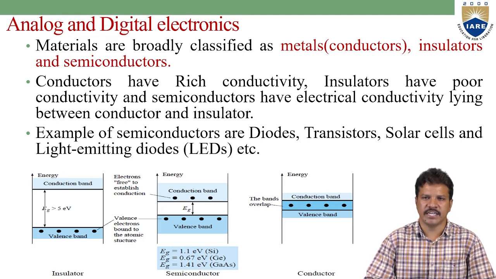Initially all energy levels are in the valency band. Whenever the electrons in the atoms are excited, they gain energy to move from the valency band to the conduction band. Based on this energy band diagram, we can distinguish between insulators, semiconductors, and conductors.